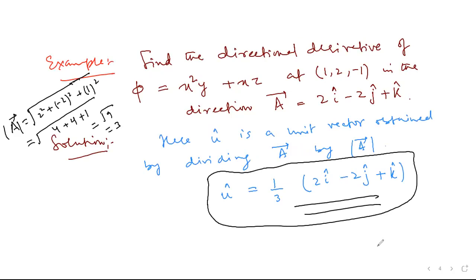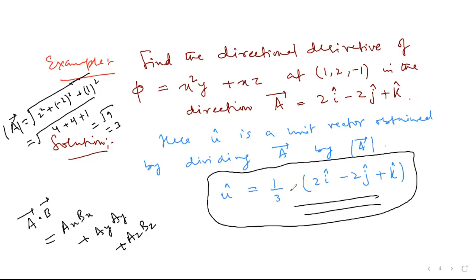How do we do the dot product in component notation? A dot B, you have to just multiply the corresponding components and add them: Ax Bx plus Ay By plus Az Bz. Right? The same thing is here.